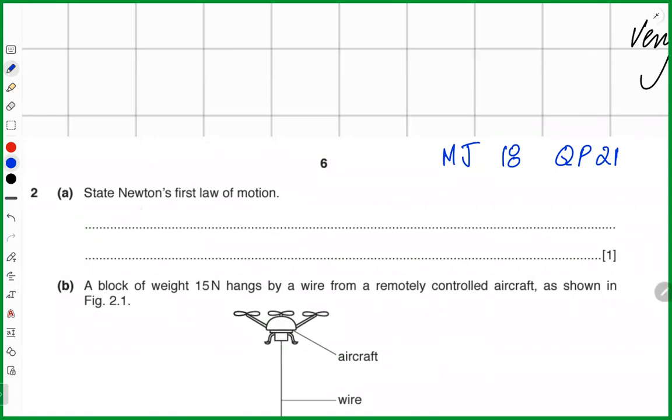State Newton's first law. If there is no unbalanced force, a body... Actually, I want to say that if there's no unbalanced force, there will be no acceleration, but I have to elaborate it.